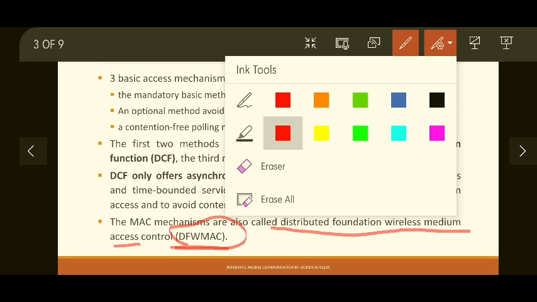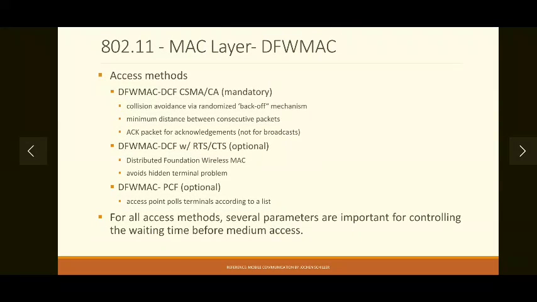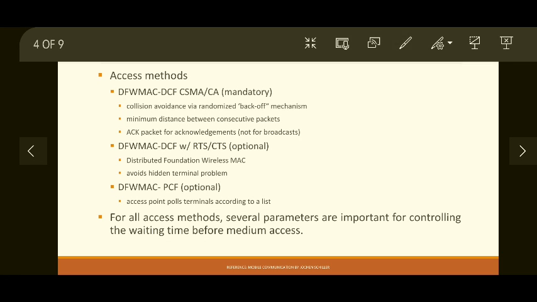Let's look at those parameters which we should learn before understanding all these mechanisms. The three mechanisms are technically now renamed to these three names. The first access method is DFWMAC-DCF, CSMA/CA. This is mandatory, as we have seen already.